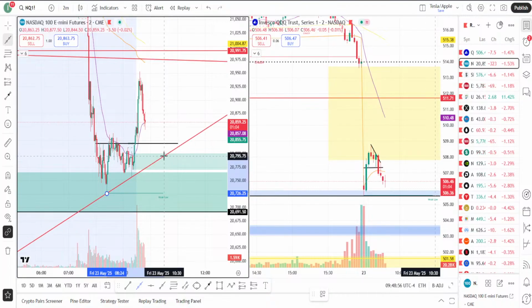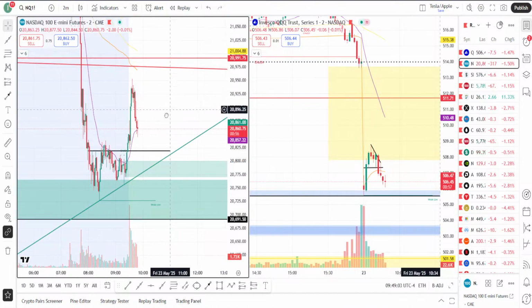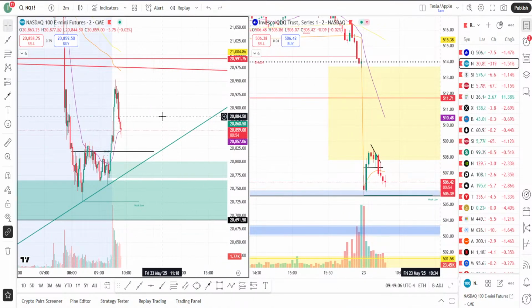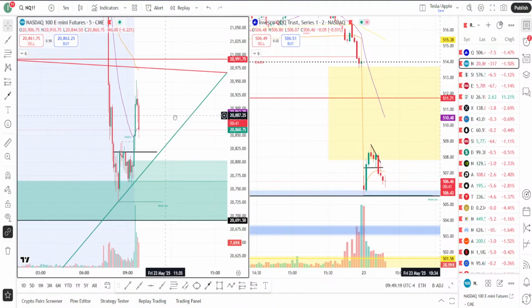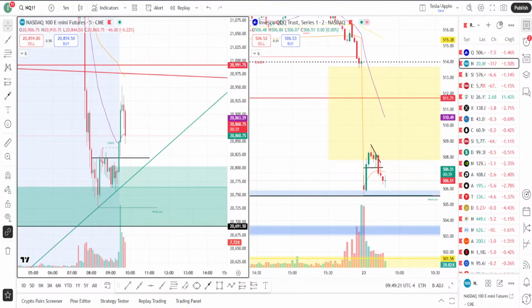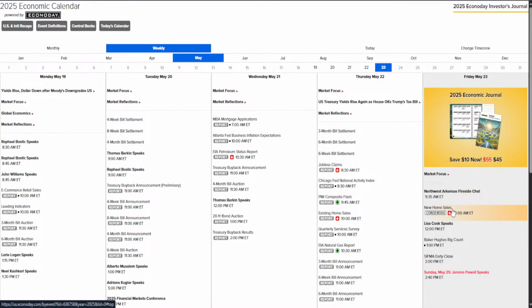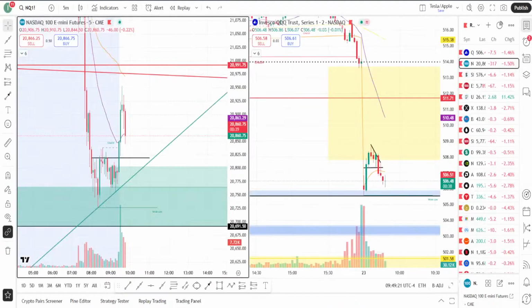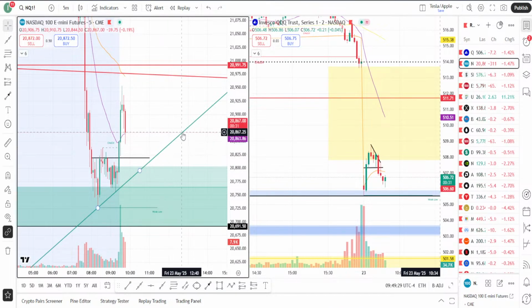This looks like it could be support here. We have news at 10 a.m. We have new home sales. We'll probably get a good move around that time.